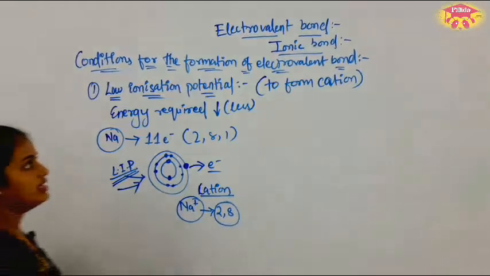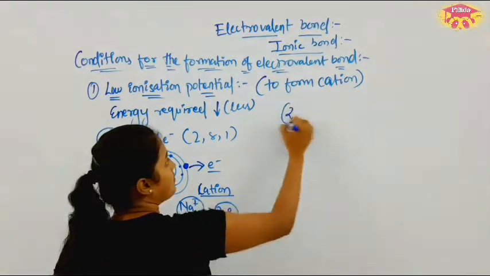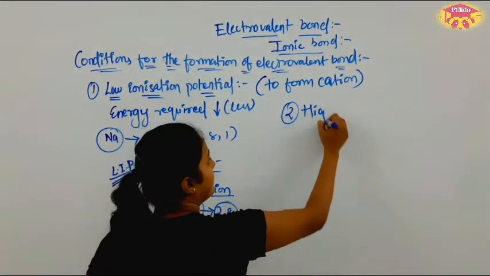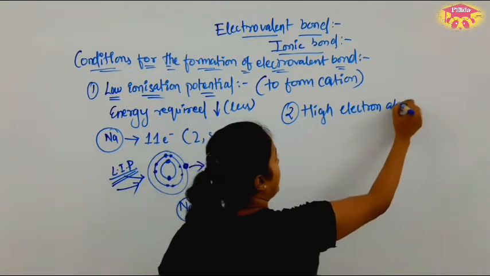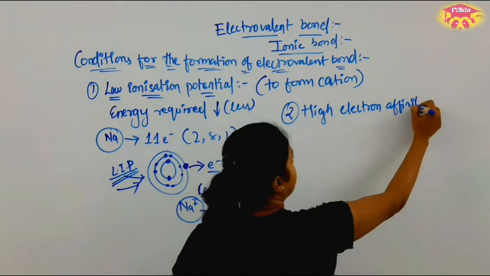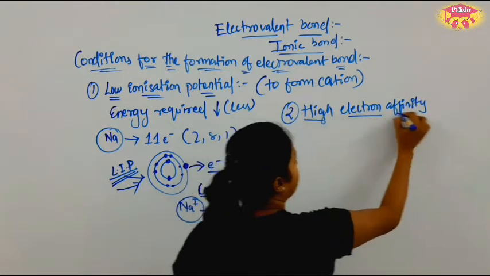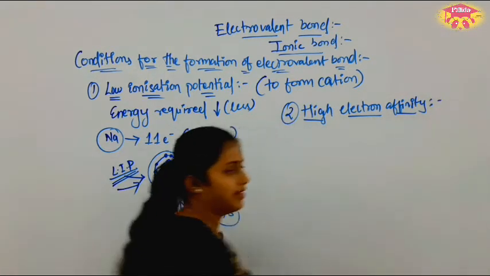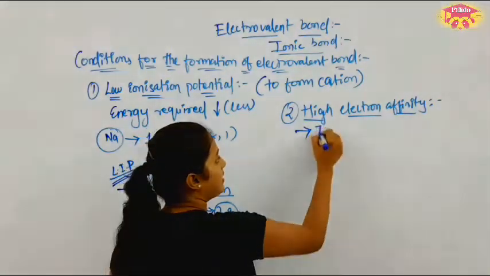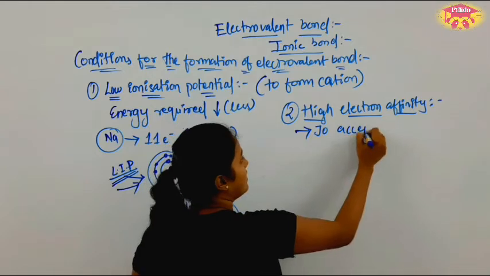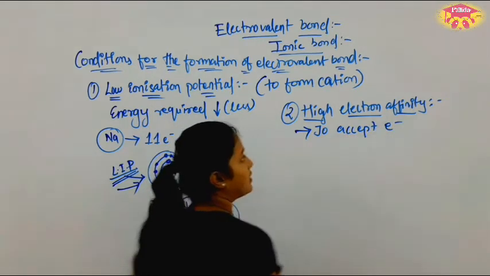Now the second condition is that it should have high electron affinity. Now students, we know that electron affinity means electron lover, that is, to accept electrons, right?